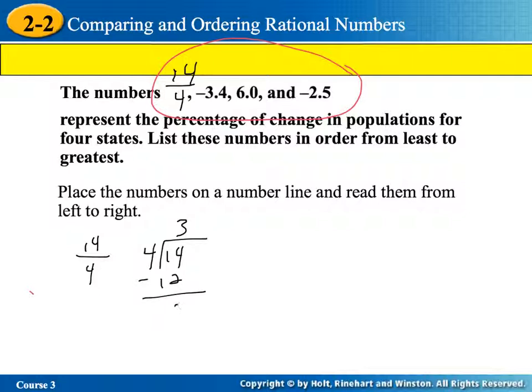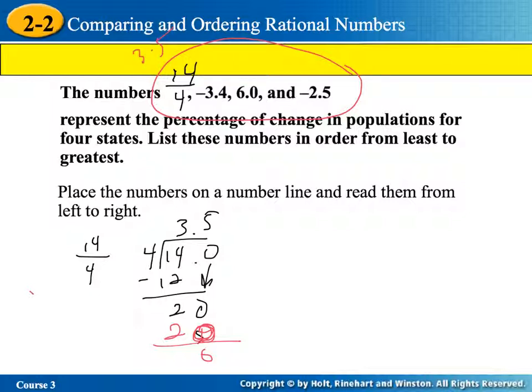I have a remainder of 2. Does that mean I'm done? No. I need to keep going until I get a remainder of 0. So 0.0, bring down the 0. Put my decimal point on top. 4 into 20 is going to be 5 times. Whoops, not 5 on the bottom. It's 20 down here. Silly Mr. Sheeman. Okay, so 14/4 is 3.5.